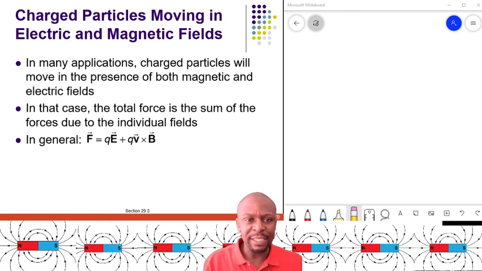These charged particles will be moving in both a magnetic field as well as an electric field. In that case, the total force is the algebraic sum of the electric force plus the magnetic force.